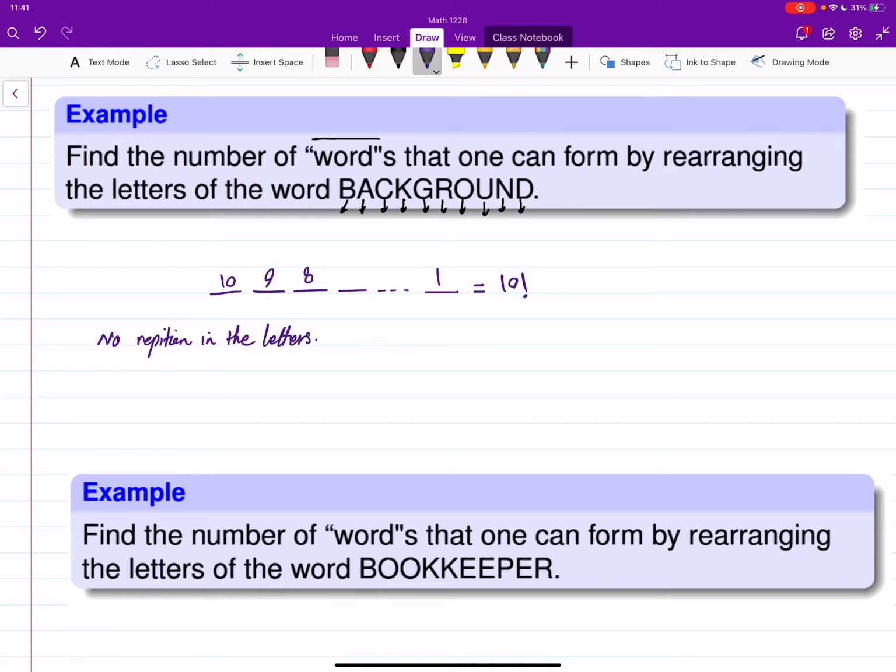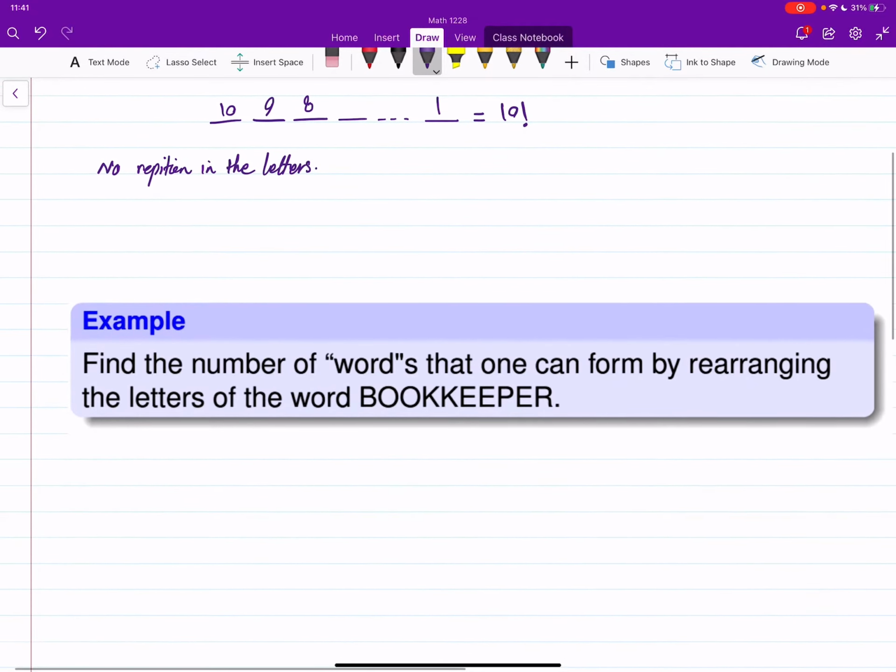Okay, no repetition in the letters. Now compare that to what we have here in "bookkeeper". It has 1, 2, 3, 4, 5, 6, 7, 8, 9, 10 letters again, but we have repetitions here.